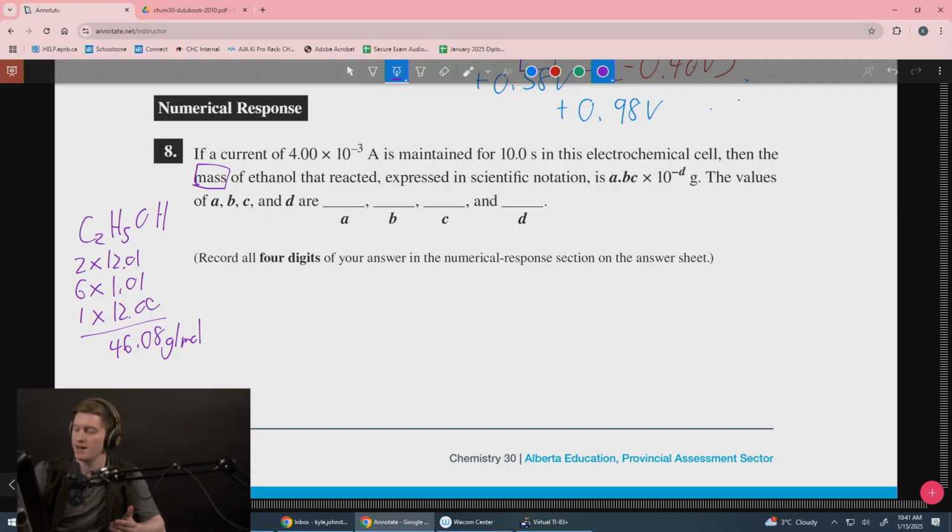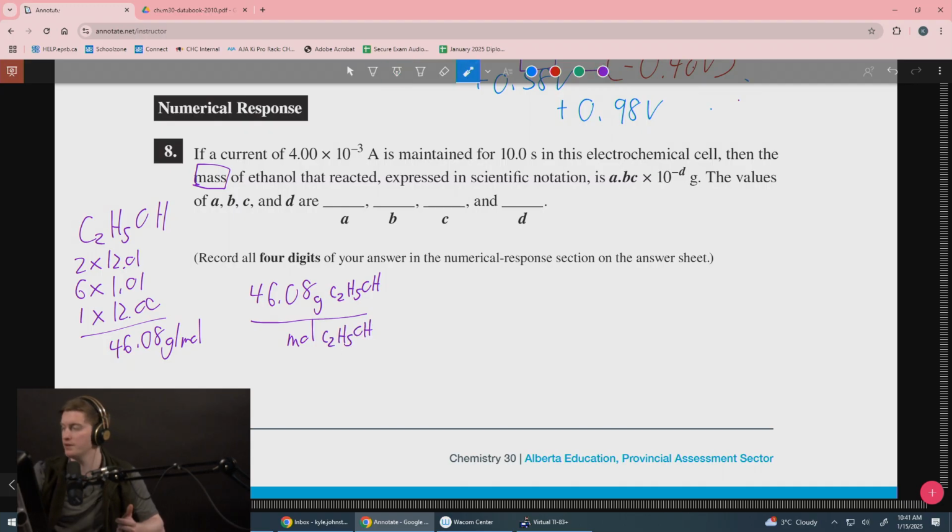So I'm going to set up my unit cancellation first with the unit that I want to end up with on top, which is grams of ethanol, C2H5OH. I have 46.08 grams of ethanol per mole of ethanol.